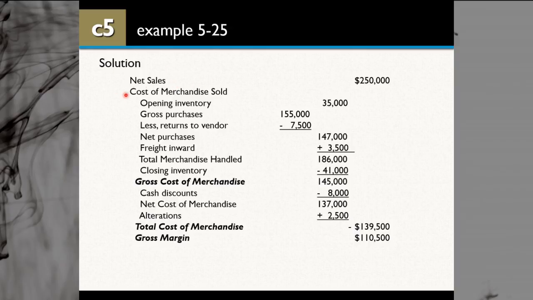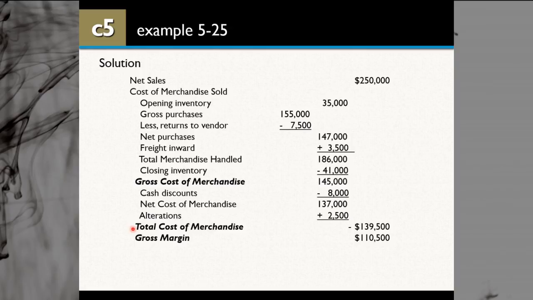But your cost of merchandise sold, you're going to learn more about these details, about how to calculate all these, total merchandise handled and so on, in chapter 7 when you talk about inventory. So don't worry too much about the details about that, but I want you to look at this gross cost of merchandise to calculate your maintained markup and total cost of merchandise to calculate your gross margin percentage.